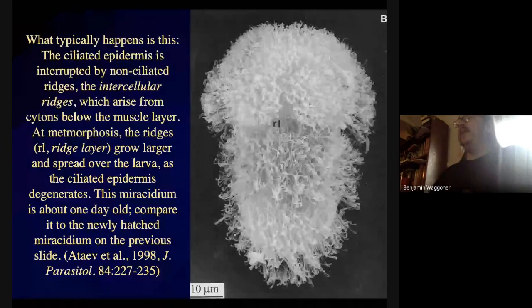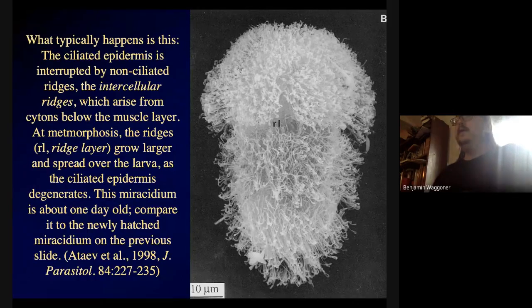That ridge layer is where they've started to do it, and the ridges are going to get larger and larger, and they'll spread over the larva, and the ciliated epidermis degenerates. So that RL right there is where that new epidermis, that tegument, is beginning to appear and grow and spread.